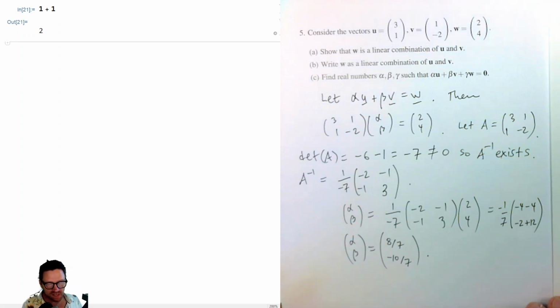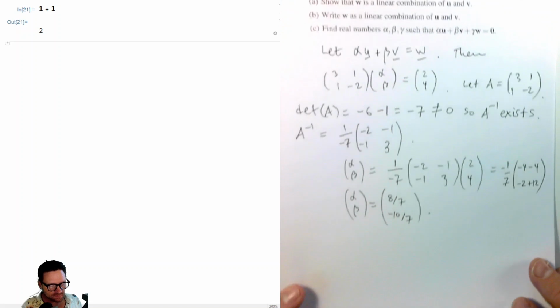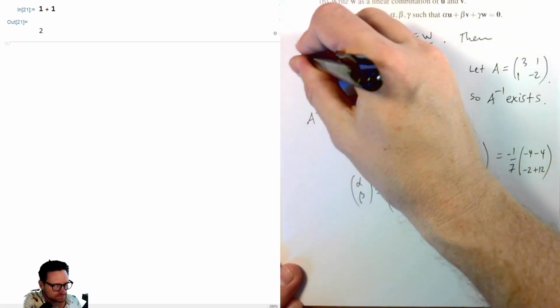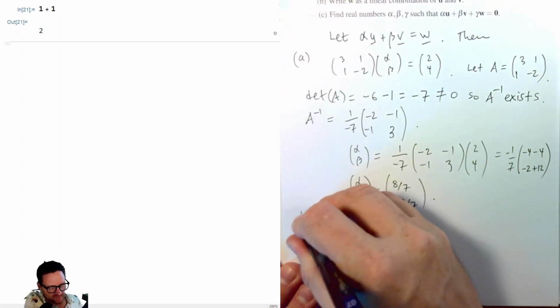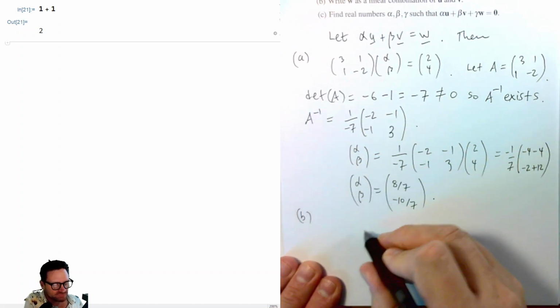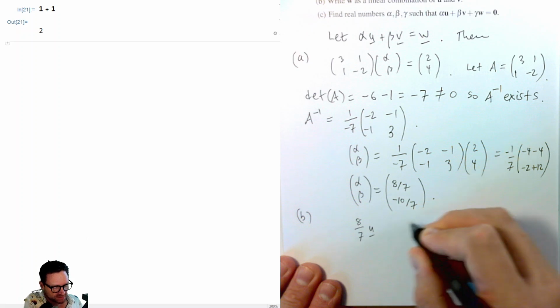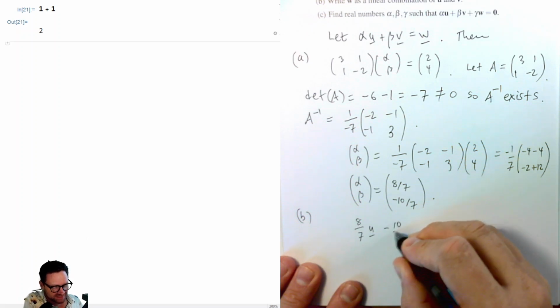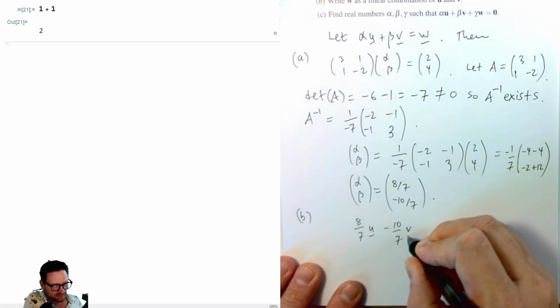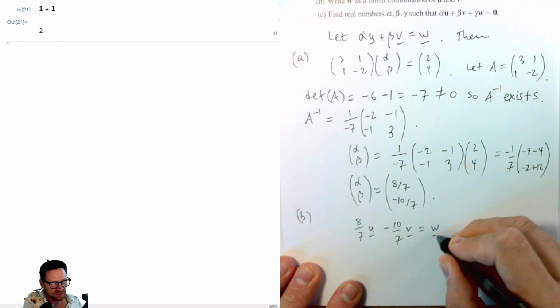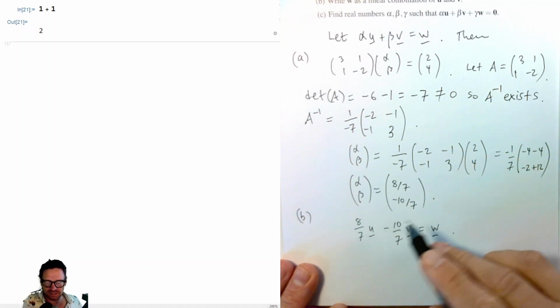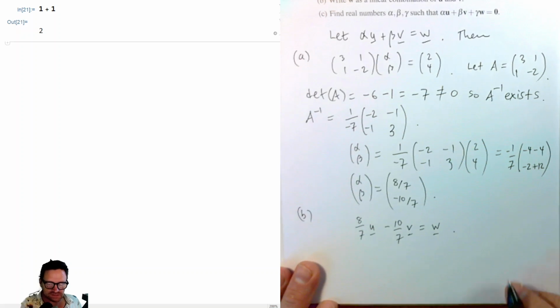So we've done part A. Now for part B, we have 8 over 7 u minus 10 over 7 v is equal to w. So we've written w as a linear combination of u and v now.